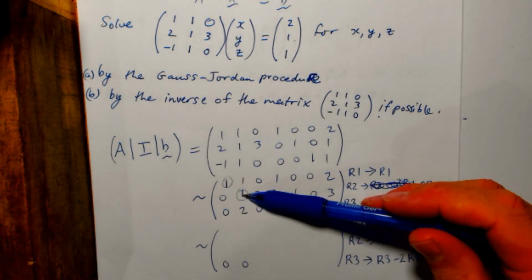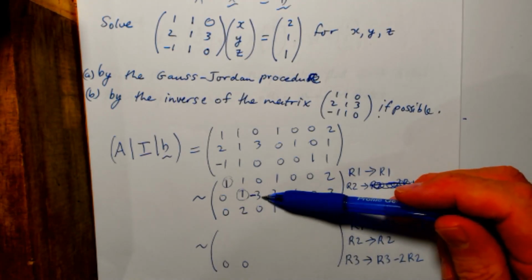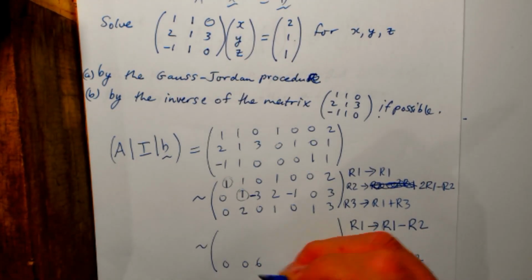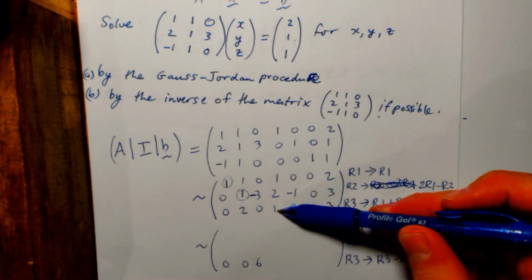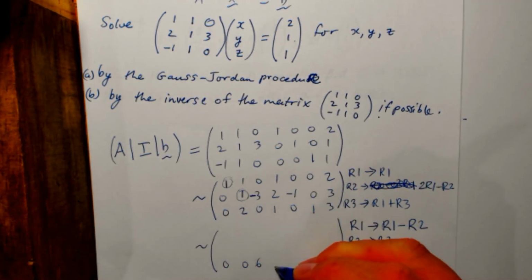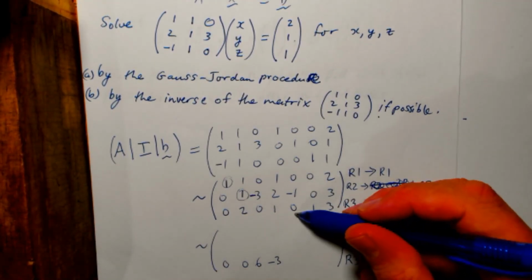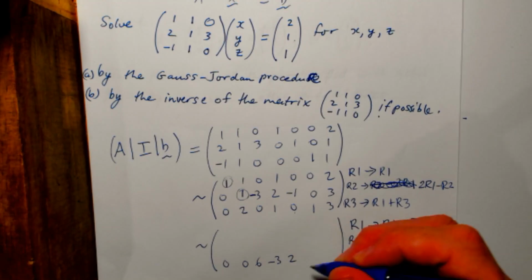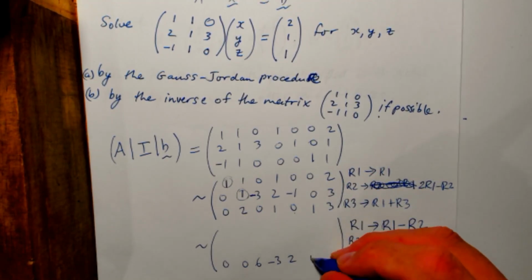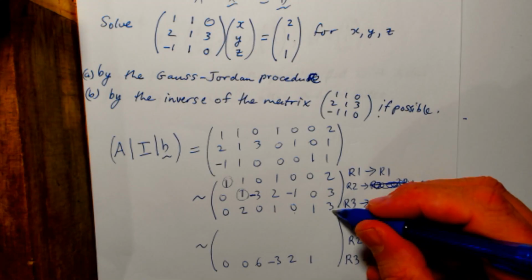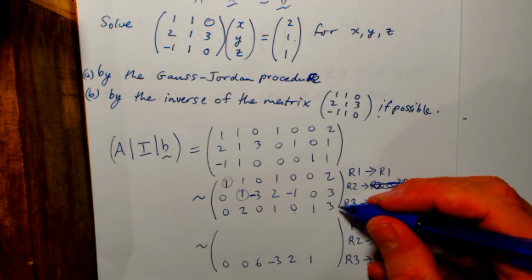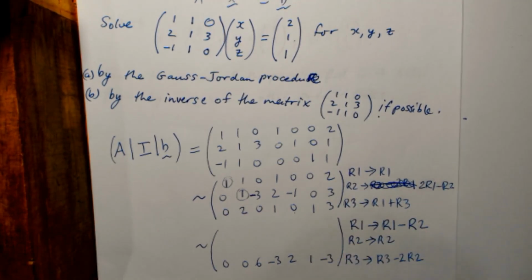So 2 minus 2 is 0. 0 minus 2 times minus 3 is 6. 1 minus 4 is minus 3. 0 minus 2 times minus 1 is 2. 1 minus 0 is 1. 3 minus 2 times 3 is 3 minus 6 is minus 3.